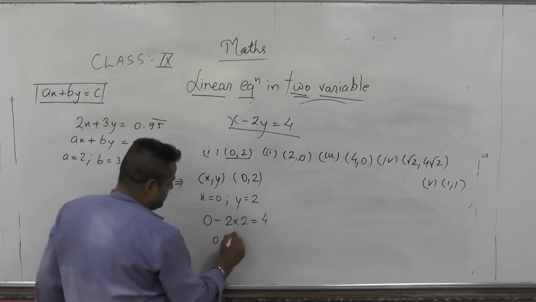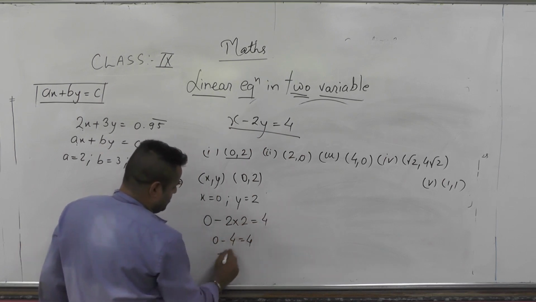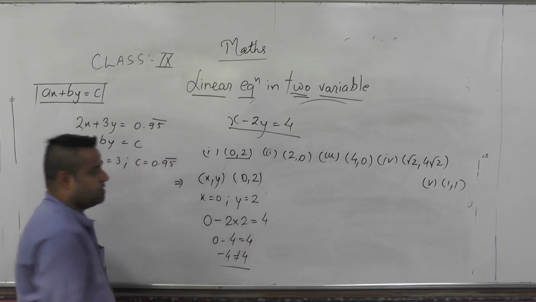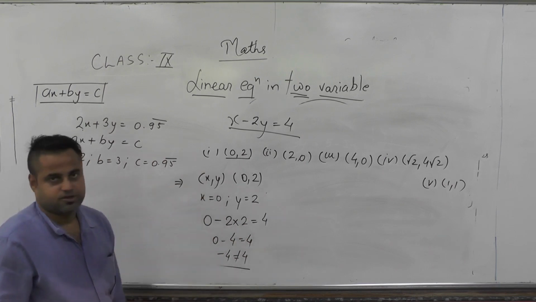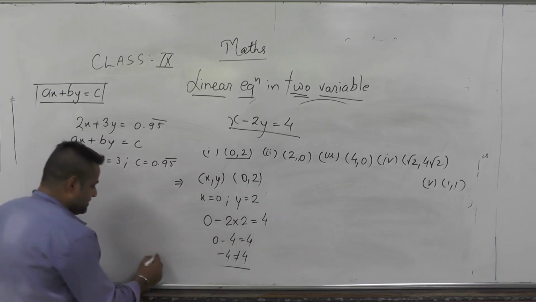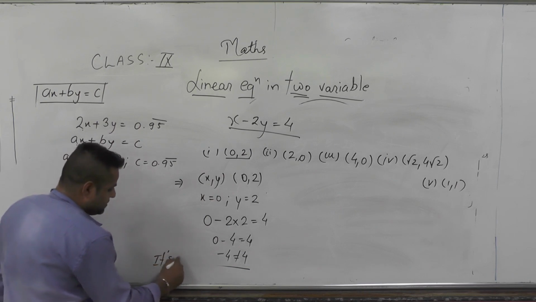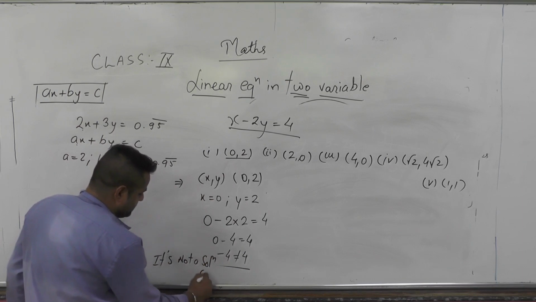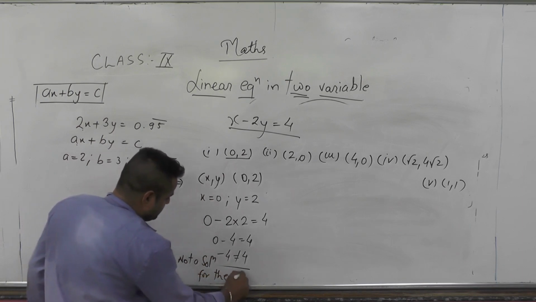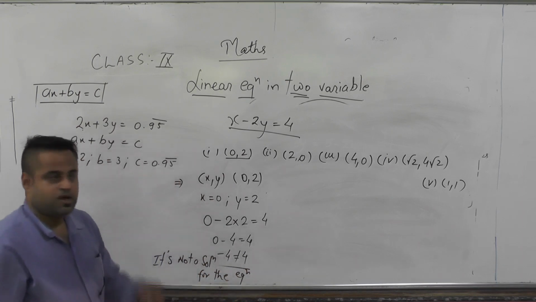That results in 0 minus 4, which is minus 4, and minus 4 is not equal to plus 4. That's why it is not a solution for the equation. That's how we need to find out.